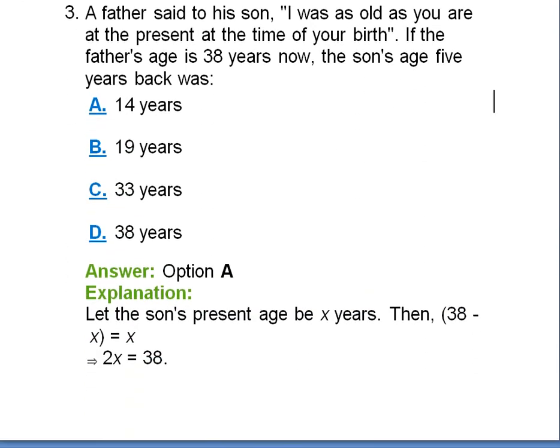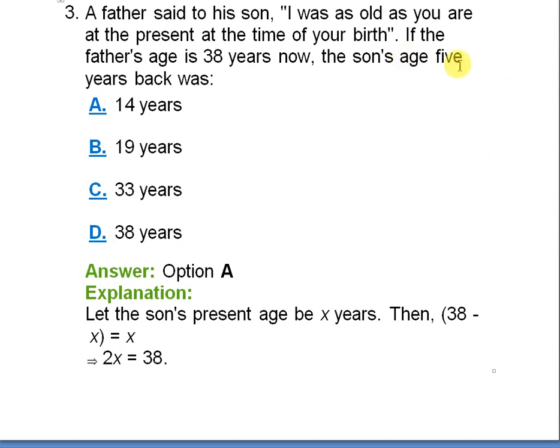A father said to his son, I was as old as you are at present at the time of your birth. If the father's age is 38 years now, what was the son's age 5 years back? So let the son's present age be x years. Then 38 minus x would be x. So you can get 2x equals 38. Why 38 minus x?